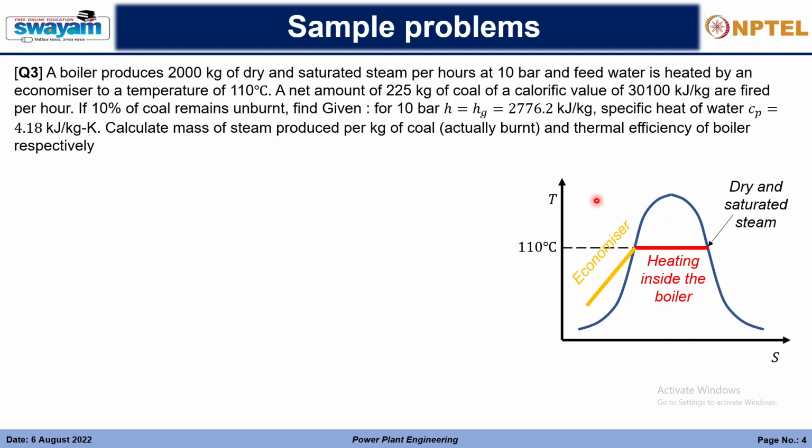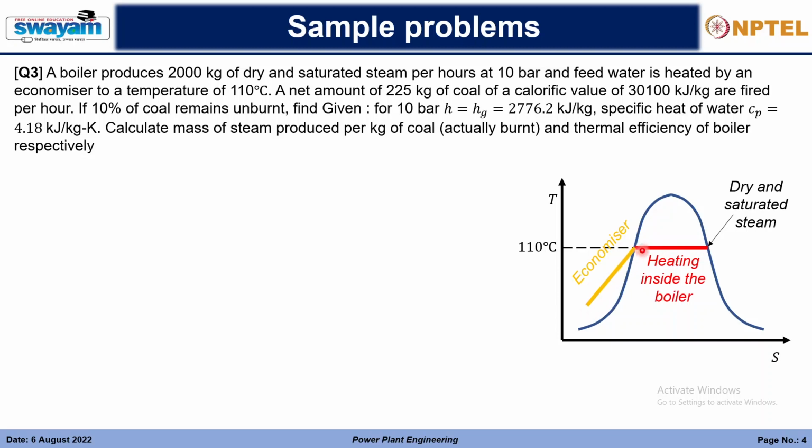We need to use the whole of the energy of the flue gas, so we need to decrease the temperature of the flue gas and utilize it in other applications, such as increasing the energy, or the temperature, of the feed water. So the sensible heat is being provided by the economizer here. You can see this in this application.